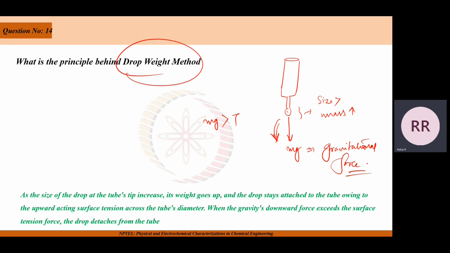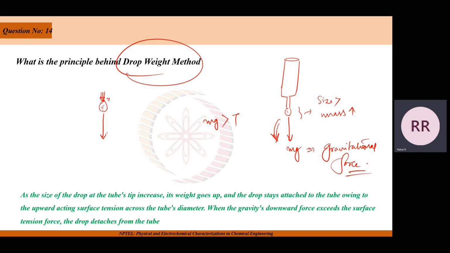So consider we have a drop coming from a tube with a small diameter and corresponding radius r. When the size of this drop increases, the mass also increases, and thus the gravitational pull downward also increases.